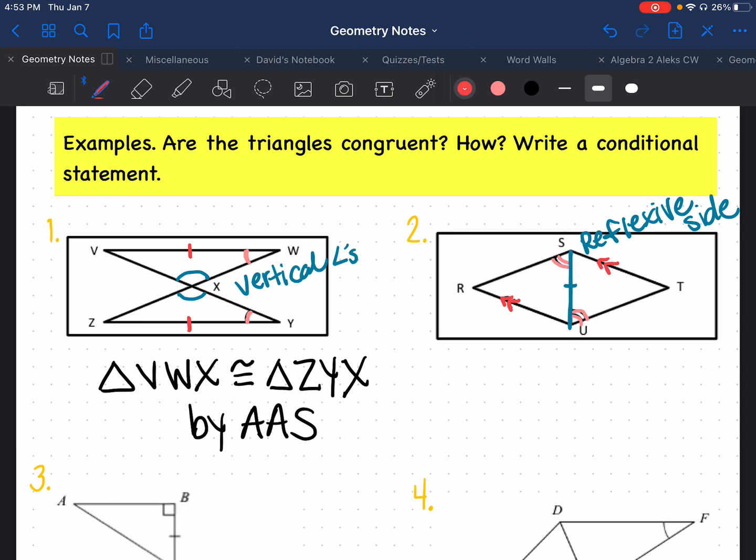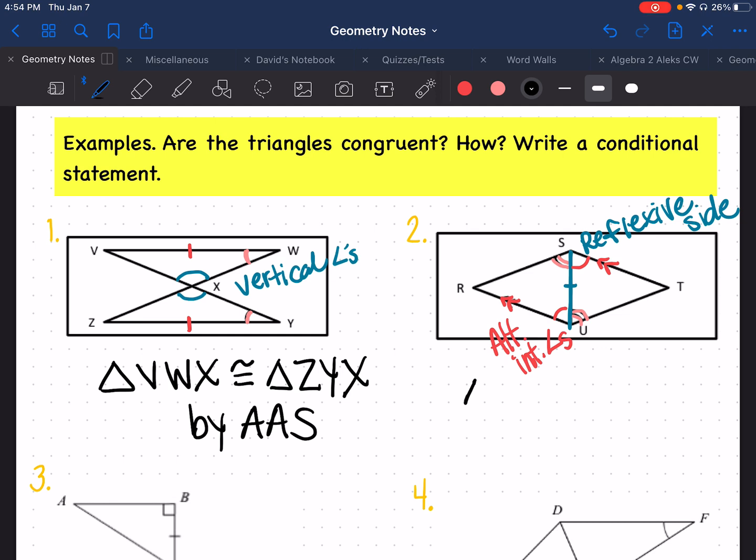But anyways, the angle pair flow chart is going to let you know that I have two parallel lines with a transversal, meaning this angle here at U and this angle here at S are alternate interiors. It also means that this angle is congruent to this angle because they are alternate interiors. So I'm going to go ahead and mark that, and I'm going to write down that it's because they are alternate interior angles. That's going to come in handy when you do the proof.